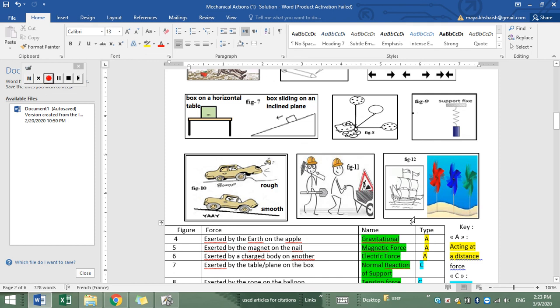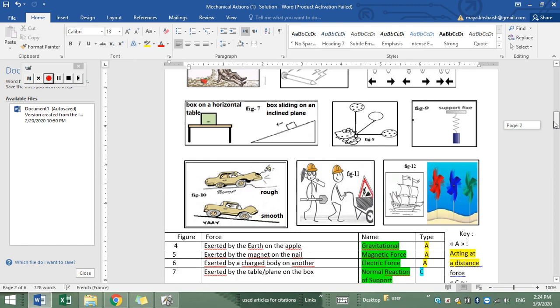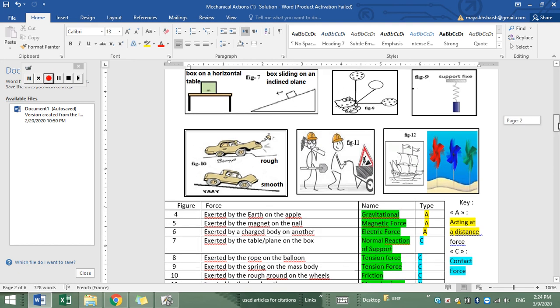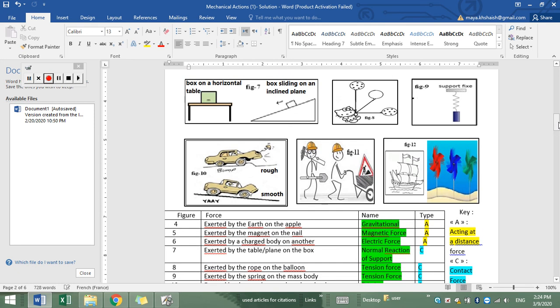Figure 8, exerted by the rope on the balloon. If we leave the balloon free in the air, it's going to float in the air, right? What prevents it from falling? It is the force exerted by the rope on the balloon. The force exerted by the rope on the balloon is called a tension force, and it is considered to be a contact force.